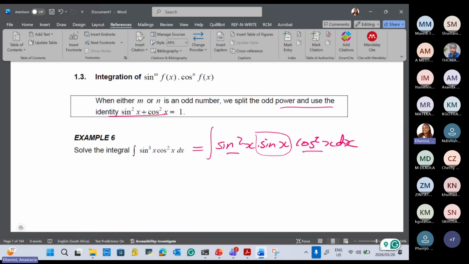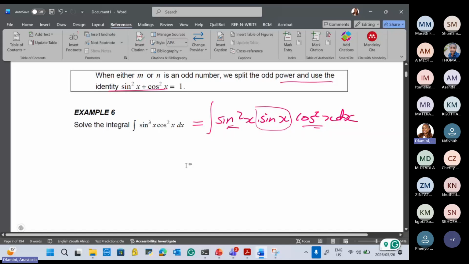Because this one can use an identity and this one can use an identity. In your study guide, they replaced the sine.